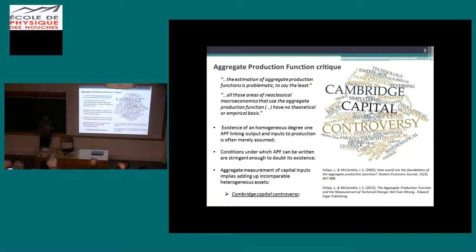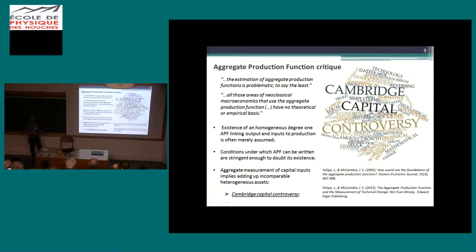Basically, what these authors argue is that the aggregate production function is merely capturing an underlying accounting identity between the variables, not a behavioral relationship which can be statistically refuted. And that explains the very good fits obtained with the aggregate production functions.